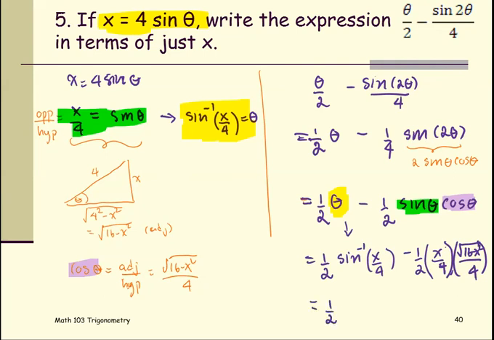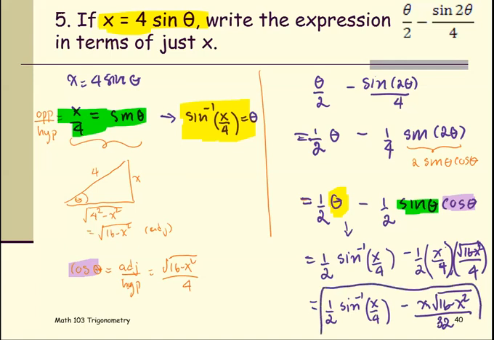Now we have 1/2 multiplied by the inverse sine of x over 4. And the second term, the numerator is x multiplied by the square root of 16 minus x squared, all divided by 2 times 4 times 4, which turns out to be 32. And this is the expression in terms of x that's equivalent to theta over 2 minus sine of 2 theta divided by 4.